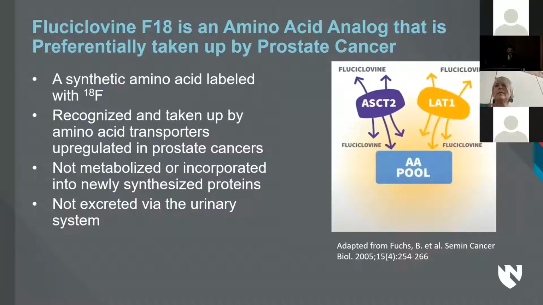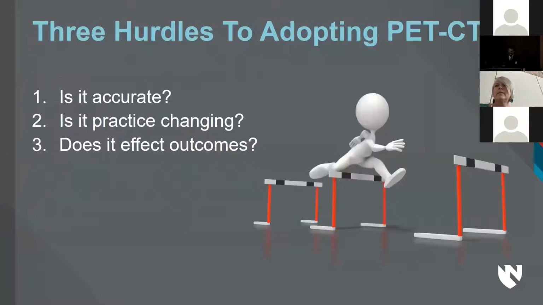We've recognized that these transporters are upregulated in prostate cancer. That's why this is a good and very specific way of identifying prostate cancer using an F18 probe. A few things that are nice: it's not metabolized or incorporated into newly synthesized proteins in the prostate cancer, and it's not excreted via the urinary system, as I mentioned.